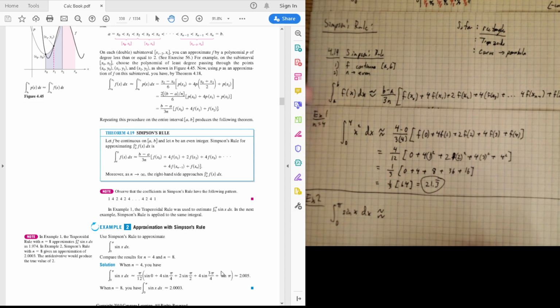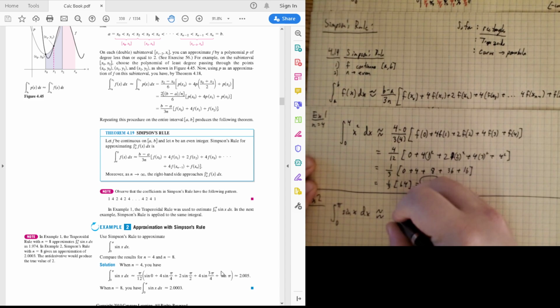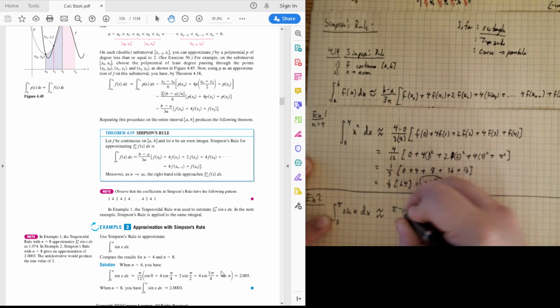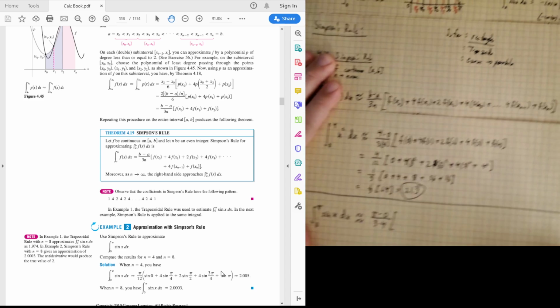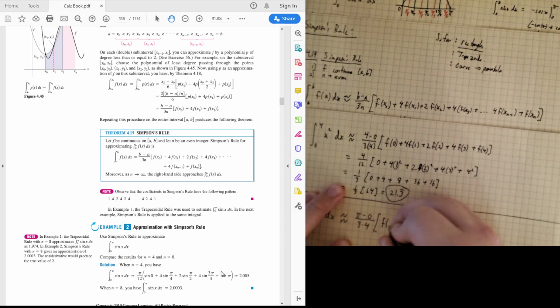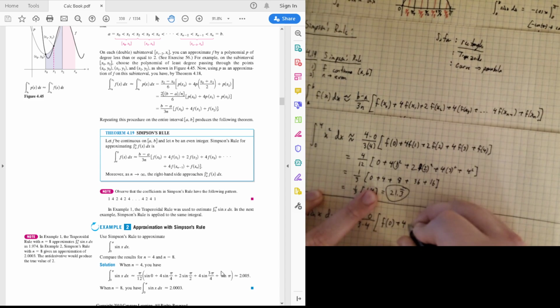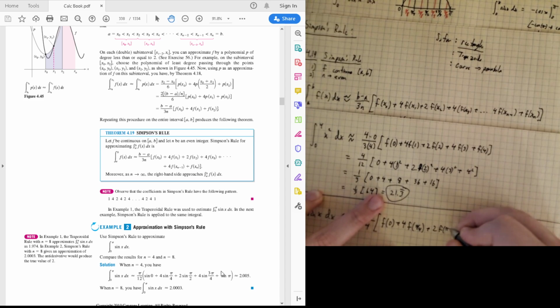Alright, we are now using Simpson's rule, so we do b minus a, so that would be pi minus 0 over 3 times 4, so b minus a over 3n, parentheses, we would do f of 0 plus 4 f of pi over 4 plus 2 f of pi over 2 plus 4 f of 3 pi over 4 plus f of pi.